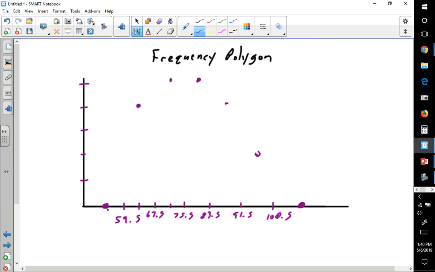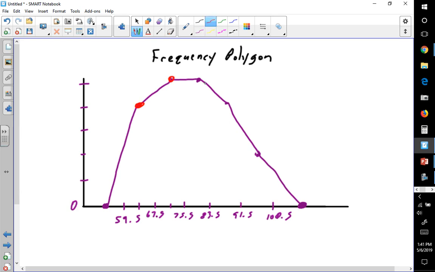So lower than 59.5, there is 0 data. And then when we have gotten through this first category, we've gotten up to 4. And in the next category, we go up to 5. In the next category, we're still at 5. And then our frequencies start declining until when we get above 100, there are again none that fall into that category.